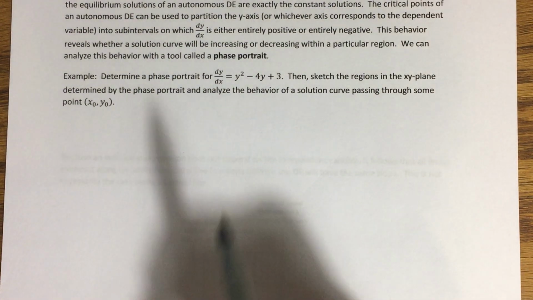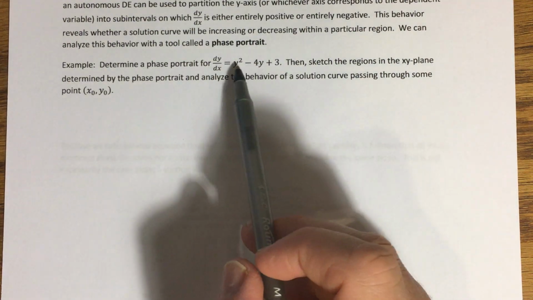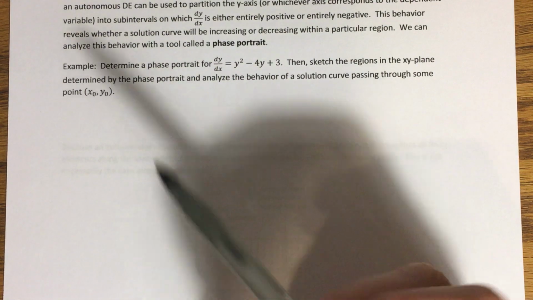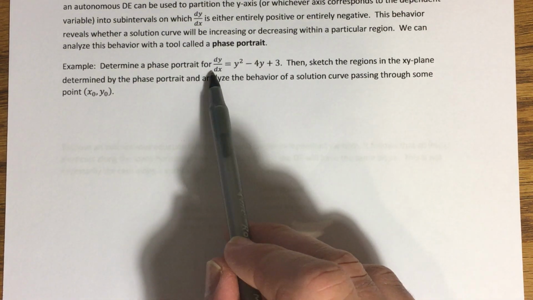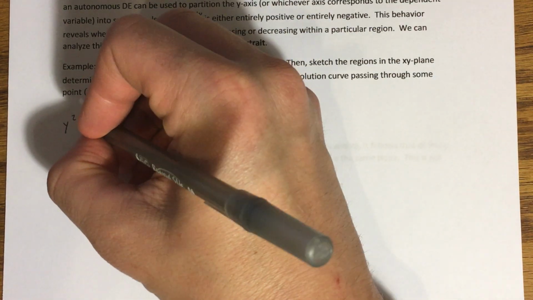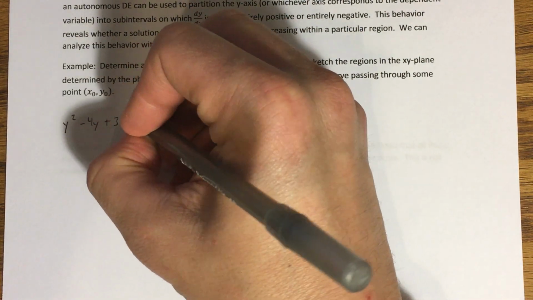Okay, first thing we want to do is determine the critical points of this equation, giving us equilibrium solutions. So I take y squared minus 4y plus 3 because that's the slope function in this DE, and I set it equal to 0. Y squared minus 4y plus 3 equals 0.